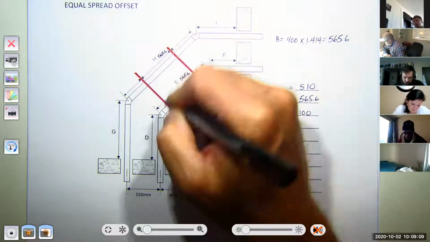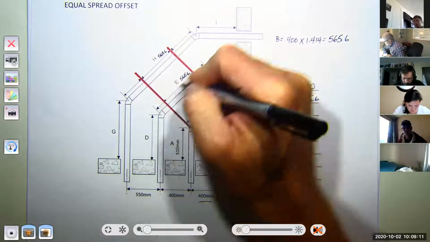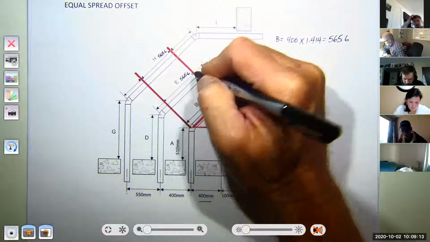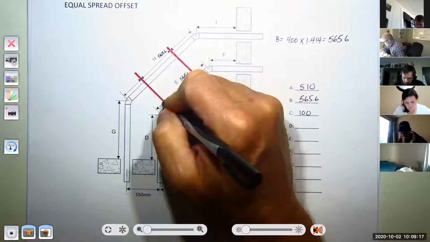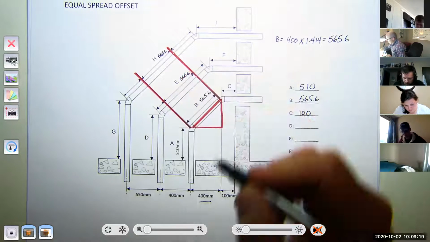Now, you don't have to draw these little arrows on here, but I do sometimes just to give me an idea of what I'm looking at.